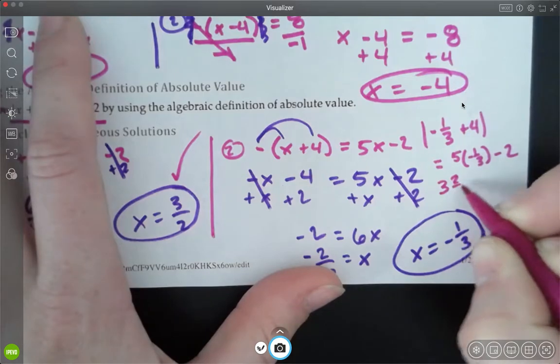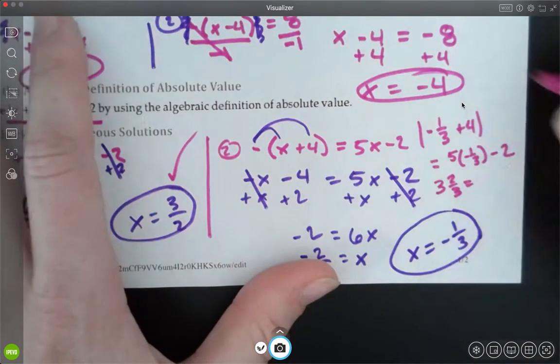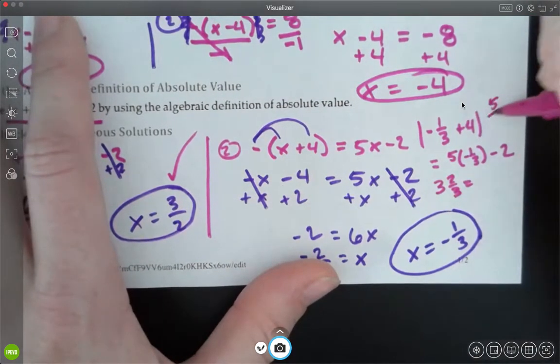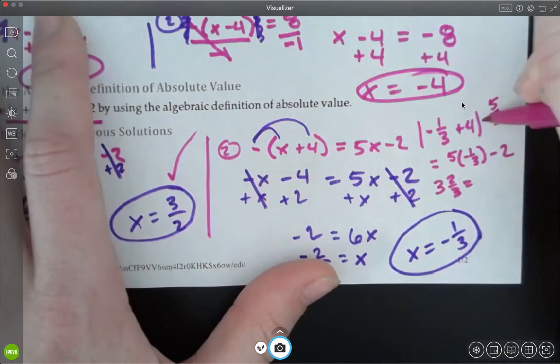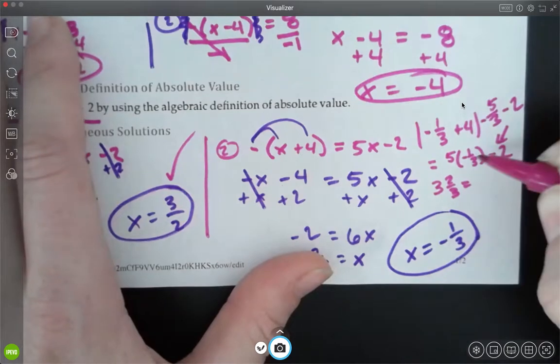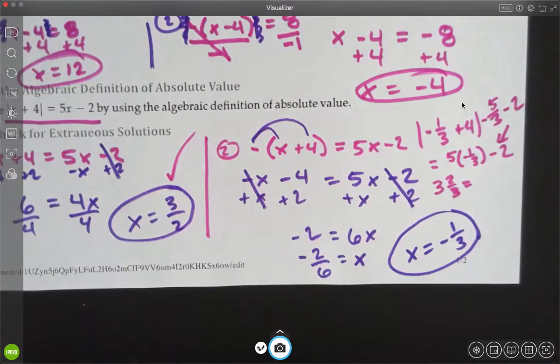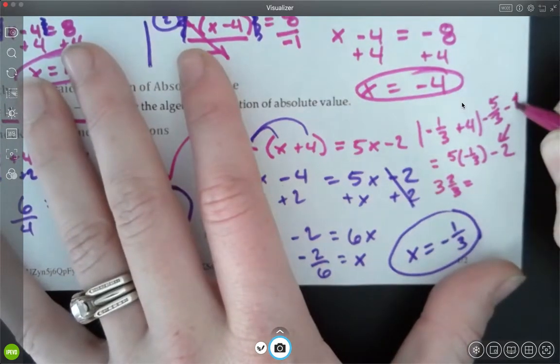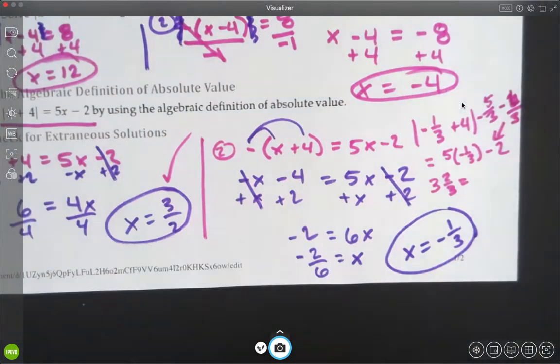Equals 5 times negative 1/3, which is negative 5/3, minus 2. This is like negative 5/3 minus 6 over 3, if I get a common denominator. Negative 5 over 3 minus 6 over 3 is negative 11 over 3.